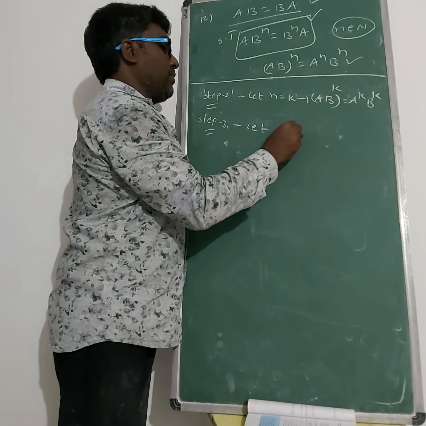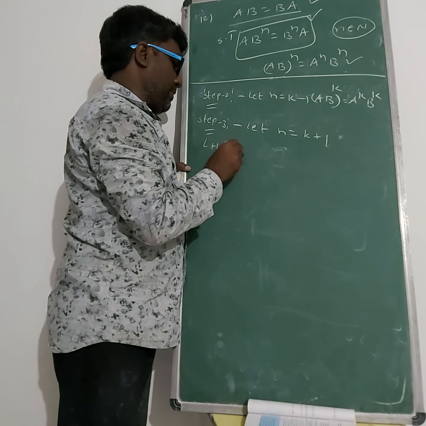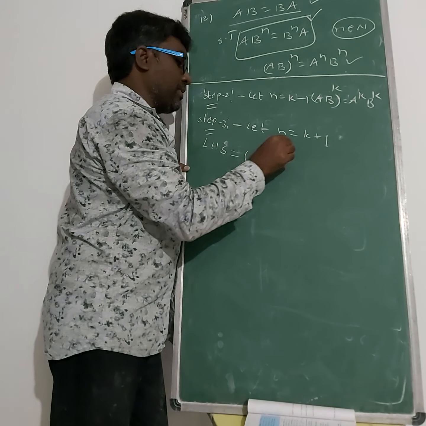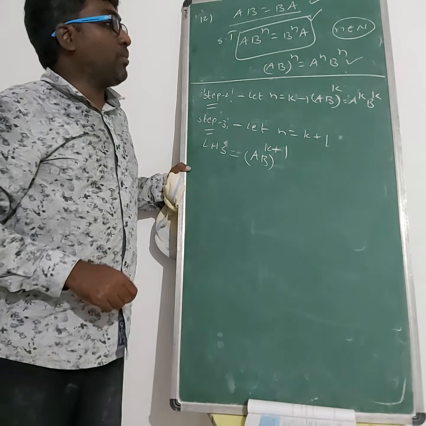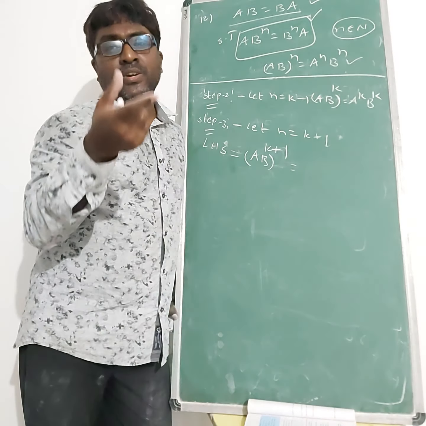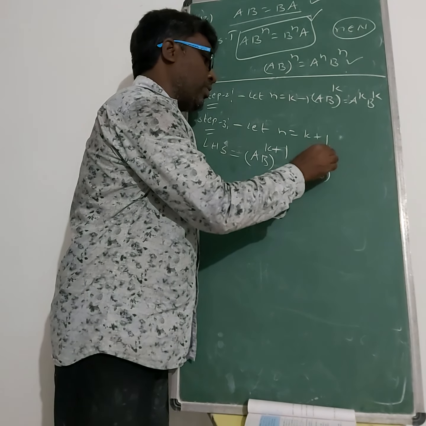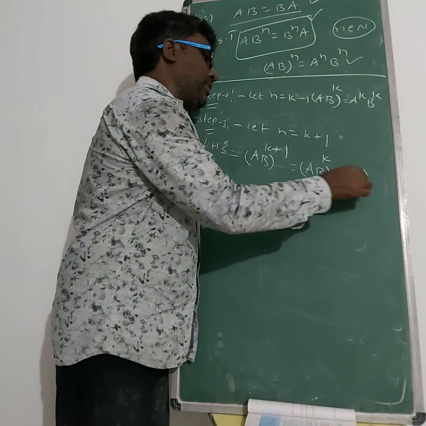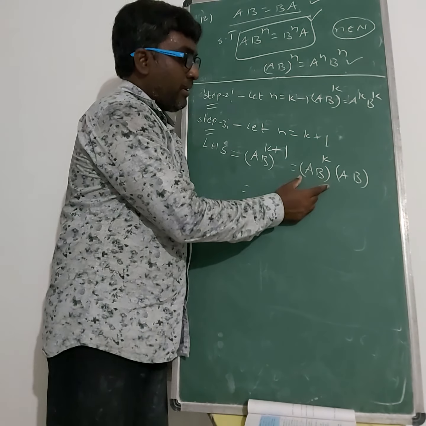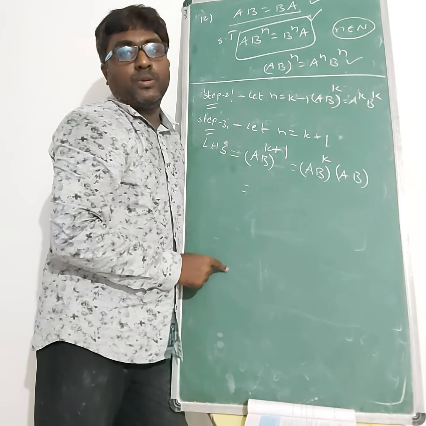Let n is equal to k plus 1. So LHS I am considering AB whole power k plus 1. So here also I will write AB whole power k into AB. Already AB whole power k value you are writing a power k into b power k.